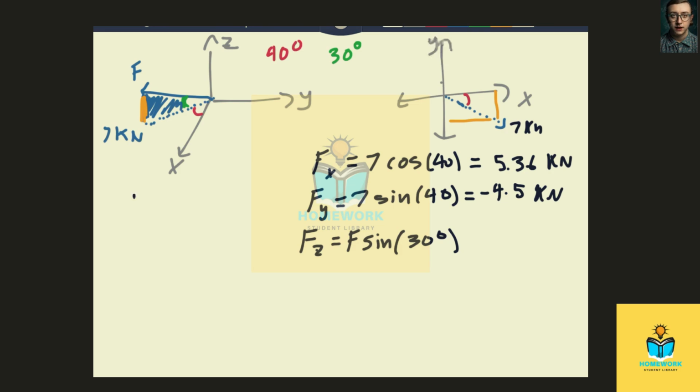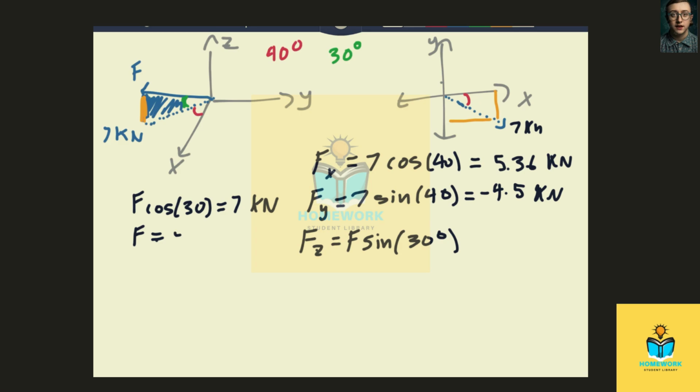So we do f times the cosine of 30 is equal to, and this would be the horizontal component if we're looking at a 2D plane, but in this case it's just the 7 kilonewtons.